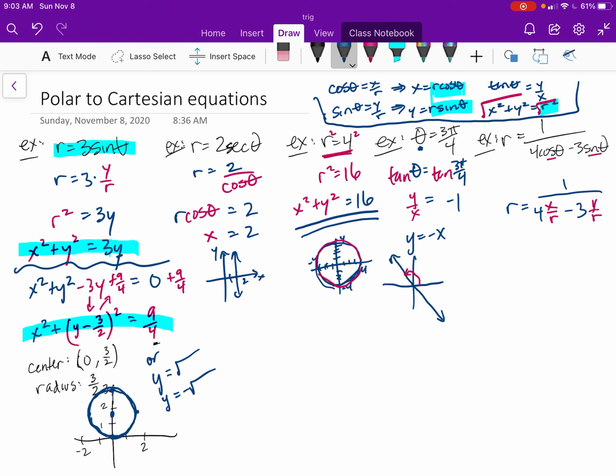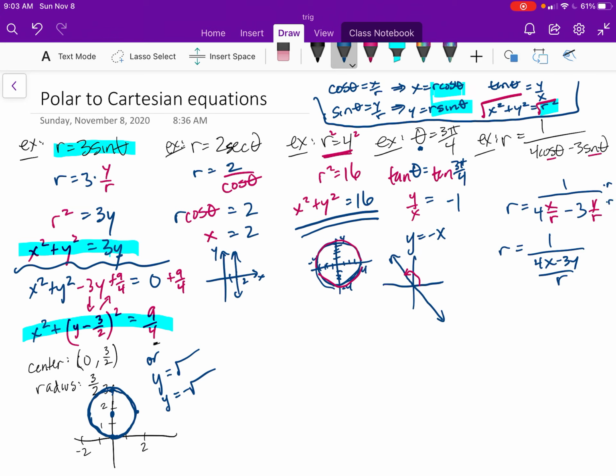I guess we could get an LCD. We have the LCD as r and change it to 4x minus 3y. Yeah, let's do that. It doesn't matter. I see a few ways we could go about this, but 1 over 4x minus 3y over r. Initially what I was thinking is let's just multiply by r over r.